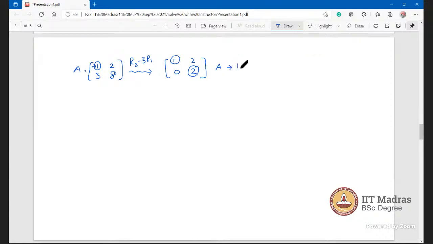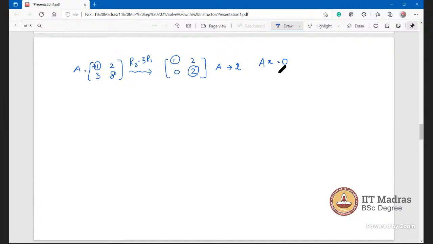Therefore, the rank is 2. If the rank is 2, what happens when you solve AX equals 0 to find the null space? Your rank is 2, which means there are no free variables, only pivot variables.